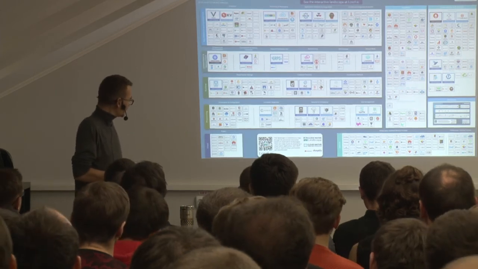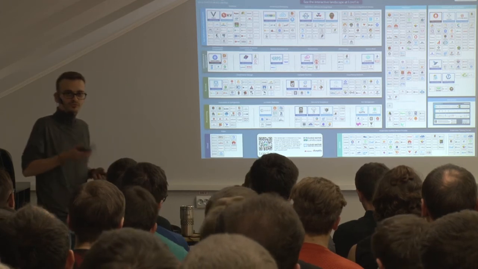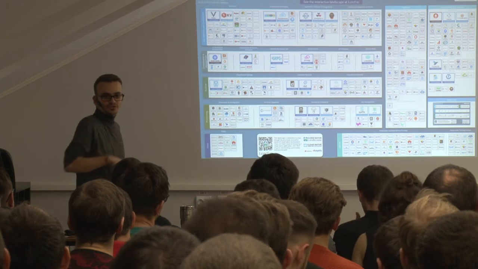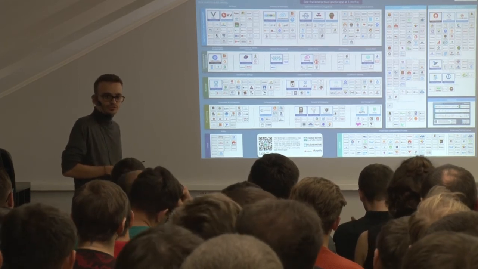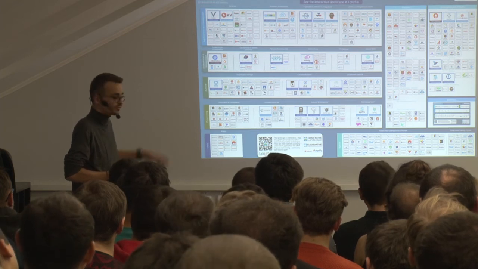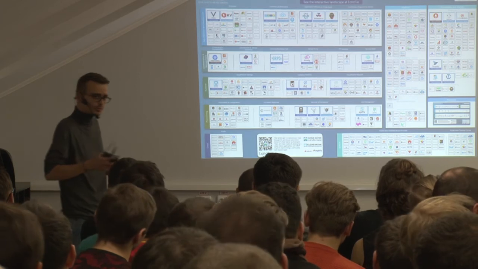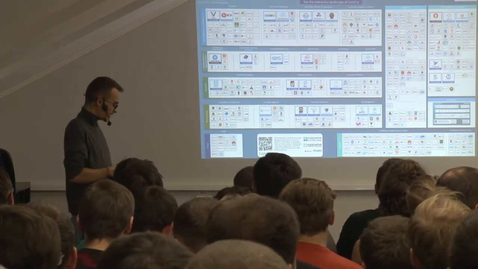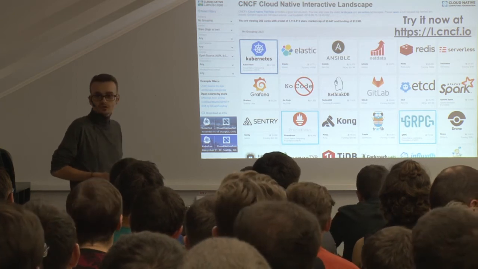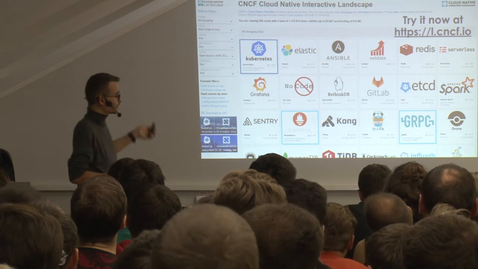Another great picture that you will definitely not be able to read from any place here. It was much smaller two years ago, and it was much easier to show you on the slides. But you may visit the link l.cncf.io or landscape.cncf.io from your mobile phone right now, and you'll find the interactive version of this. What is the cloud native interactive landscape?